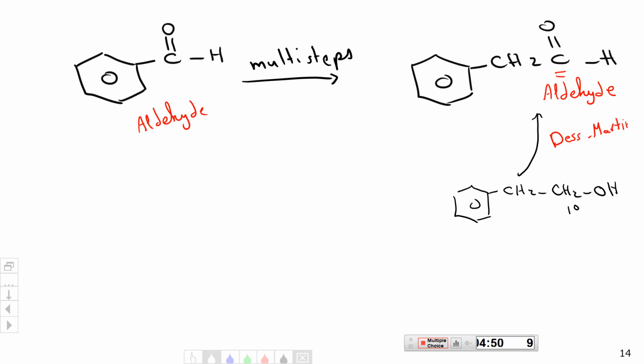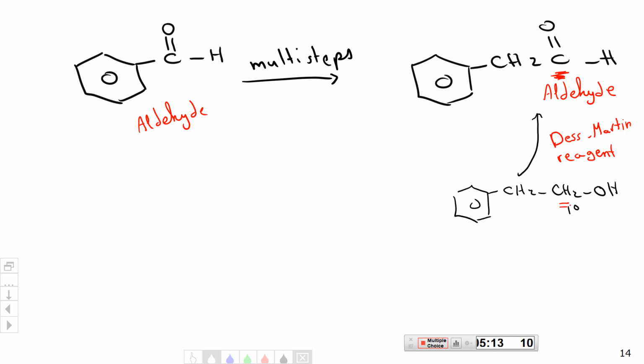Can I use chromium trioxide or sodium dichromate to achieve this oxidation? No. Because if I add chromium trioxide or sodium dichromate, I'll end up with a carboxylic acid, and this is not what I want to achieve here. So I need the OH to be on this terminal carbon.